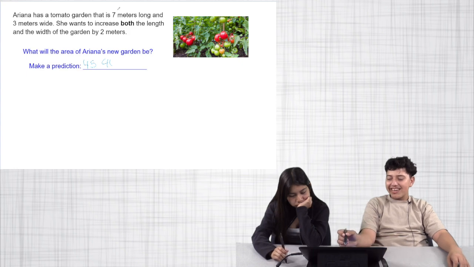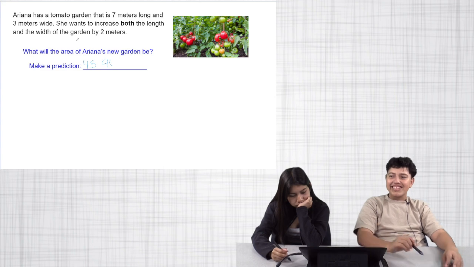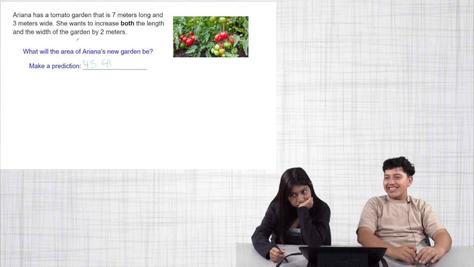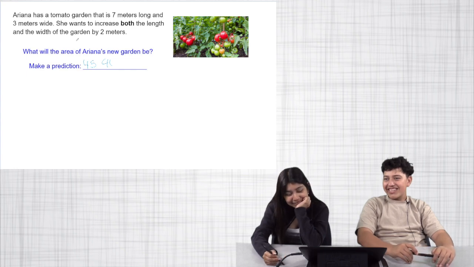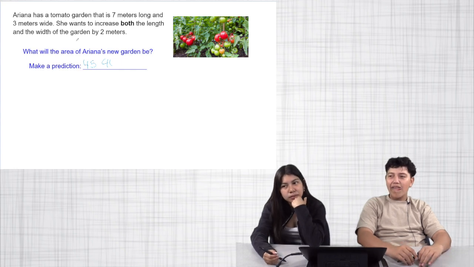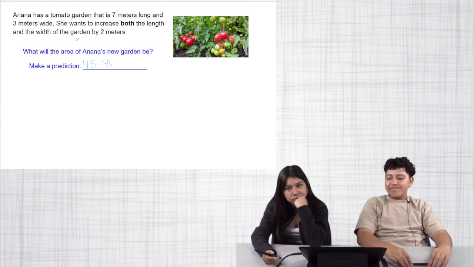And I added 7 times 3, which is 21, plus 20, and that equals 41. What do you think he's trying to do, Emily? I don't know. It feels like he has an image of a garden that he's trying to find different areas of. Yeah. And it seems like you took a little bit different approach.